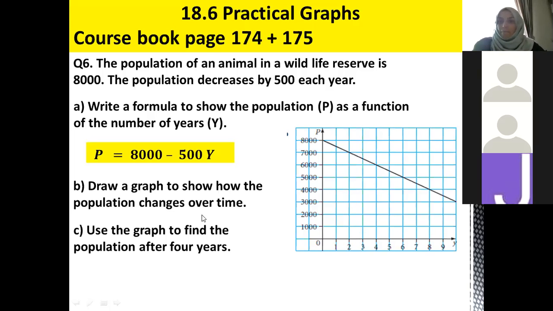Who wants to help? We can find it from the graph, or directly from the equation. Once we have found the equation we can use it. I would love you to participate in my class.